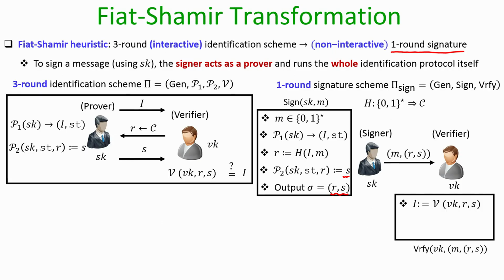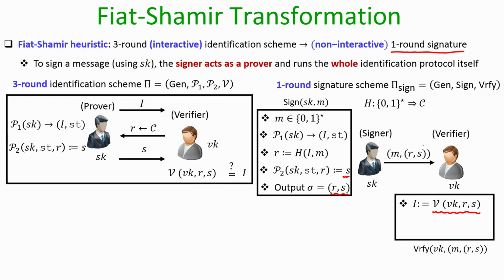Here, on the other hand, as part of the verification algorithm of the signature scheme, the verifier is going to run the verification algorithm of the underlying identification scheme, but it does not compare the output of the V function with the I component, because it does not know the I component as it is.